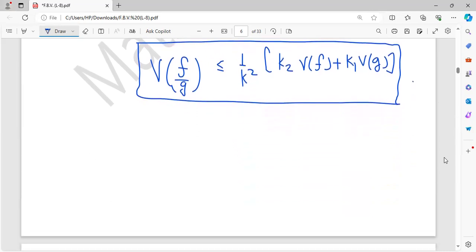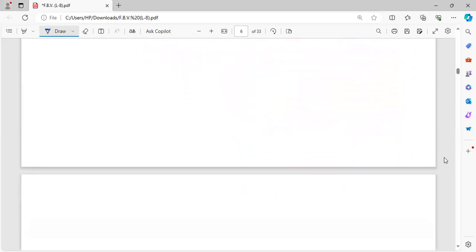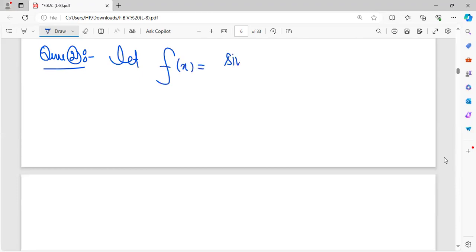So we will do two questions on this theorem. The first question is question number 1, and then question number 2. Let f(x) equal sin x upon x plus 1, defined on [0, 1].